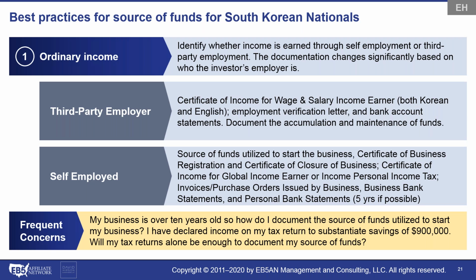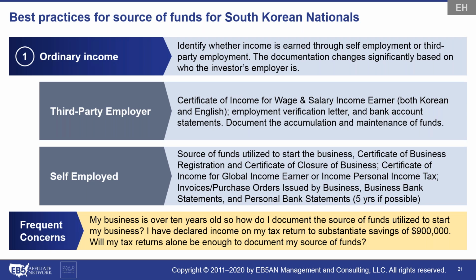All that information will be memorialized in a document called Certificate of Income for Wage and Salary, or Certificate of Global Income. So there are two types of Certificate of Income that memorialize the income earned, tax paid for the years worked, and companies you worked for.